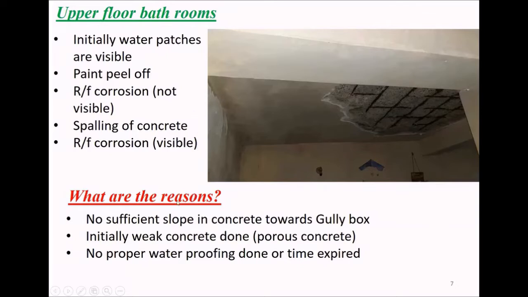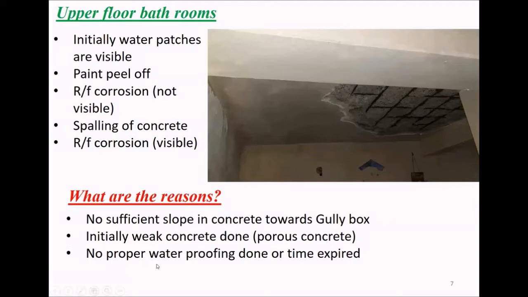What are the reasons for this? Mainly, the people who do this concreting do not properly slope this concrete surface to the gully box. That is the main reason, right? Sometimes initially they have done weak concrete, also a reason, porous concrete. There may be some kind of cavities inside.